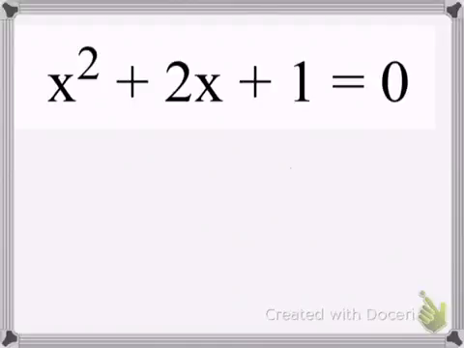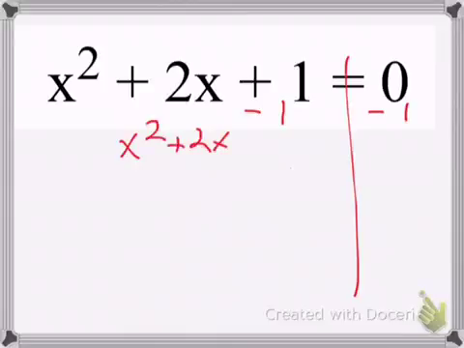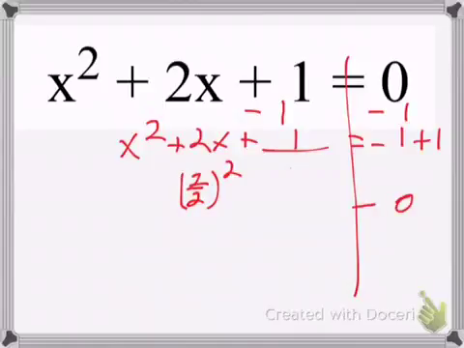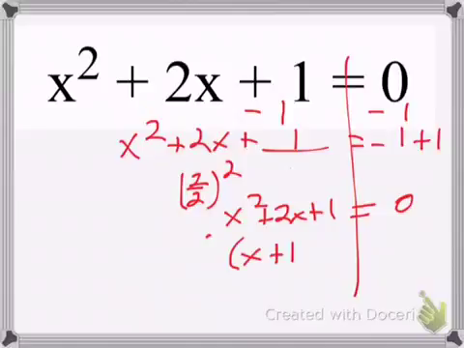Alright, on this example, I'm going to subtract 1 from both sides to get rid of that value. You get x squared plus 2x plus blank equals negative 1. Now I'm going to divide 2 by 2 and then square it, and that gives me 1, and then plus 1 on both sides gives me 0 equals x squared plus 2x plus 1, and I'm going to get x plus 1 squared equals 0.